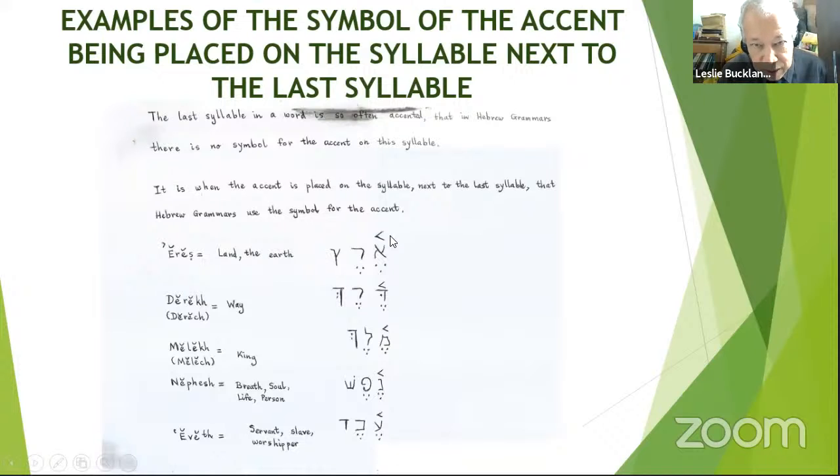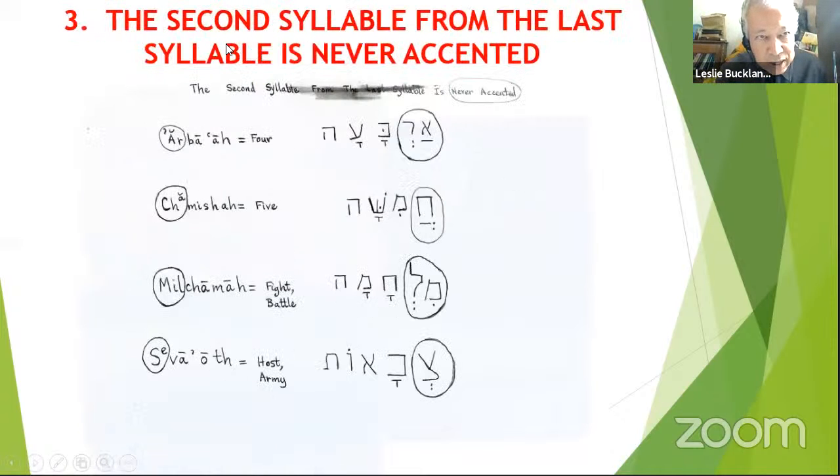You can see that all these 2-syllable words have an accent on the first syllable of the word: e, de, me, ne, e. They're all first-syllable words. So the best thing to do is to give an answer like this in the red: the second syllable from the last syllable is never accented.